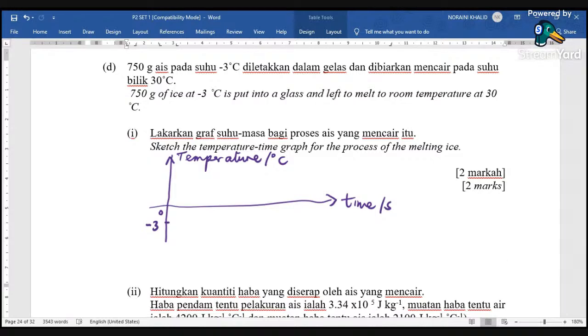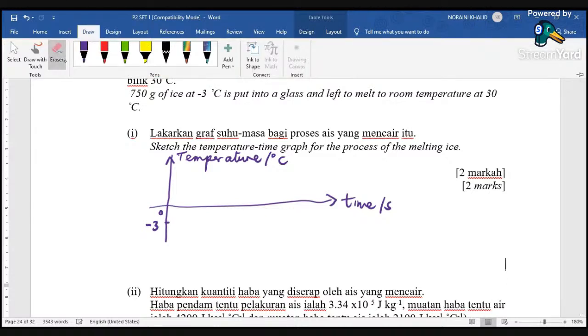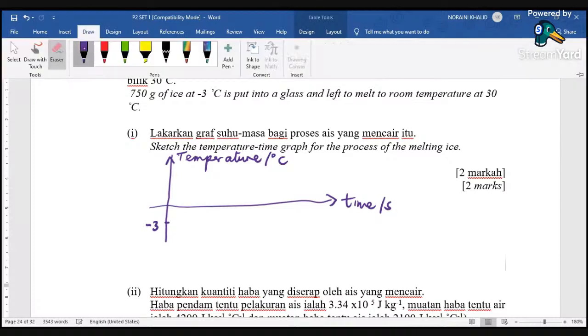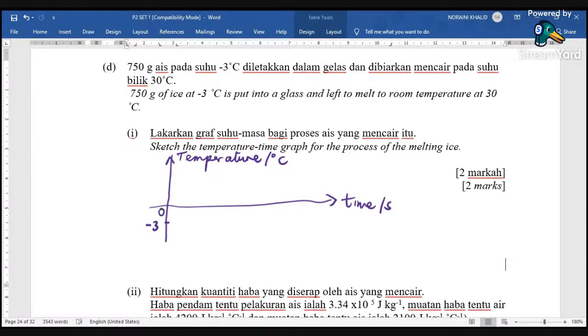Okay, we can start from here. This is -3 degrees Celsius, then 0 here, so origin.